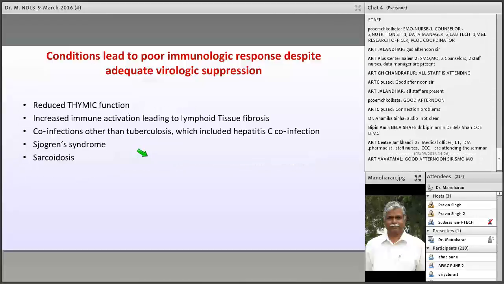The other reasons are reduced thymic function, increased immune activation leading to lymphoid tissue fibrosis, and co-infections other than tuberculosis, which include hepatitis C co-infection, Sjogren's syndrome, and sarcoidosis. So there are so many reasons why this immunological non-response occurs.